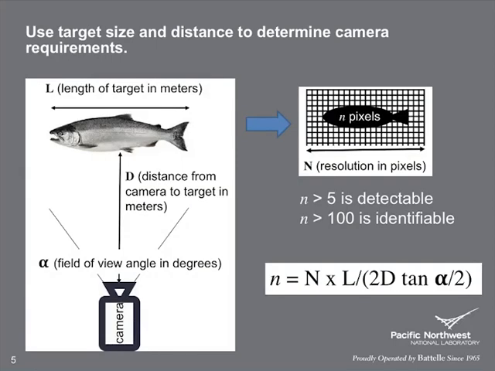So when you're planning to use video, the most important thing I want to emphasize is to do some planning ahead of time and really think about the size of the targets that you want to observe and how far away from the camera you would likely be observing them, and then use that information to determine the characteristics of the camera that's going to give you the best video possible.